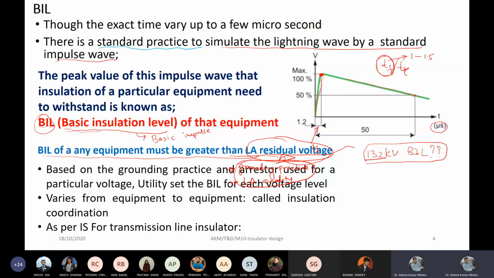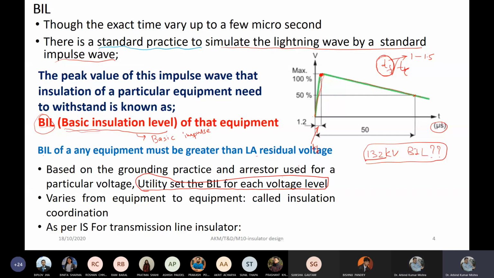So based on the grounding practice and the arrestor used for a particular voltage, the utility sets the BIL for each voltage level. So they have already practiced this. Once a new standard voltage is adopted, they again sit and discuss what the BIL should be for this.